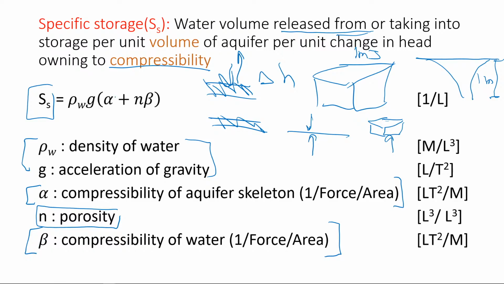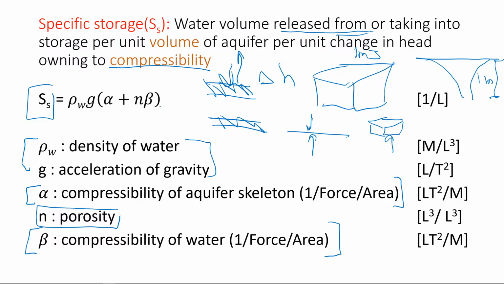So storage depends on how you can compress the aquifer skeleton and how you can compress water. Different materials will have different compressibility, and water will have more or less similar compressibility, which will not change, but different aquifer skeletons will have different compressibility.